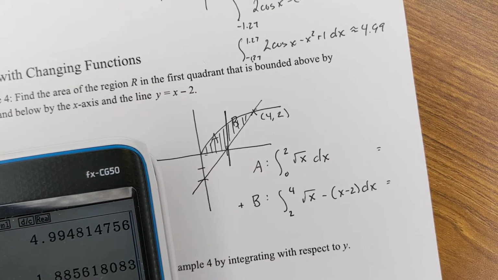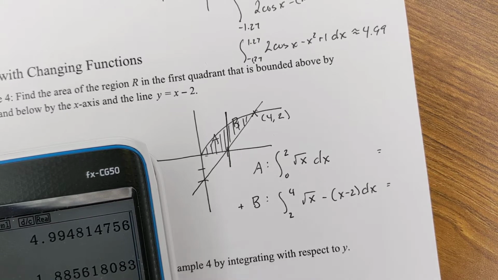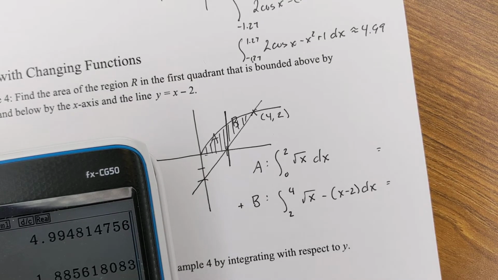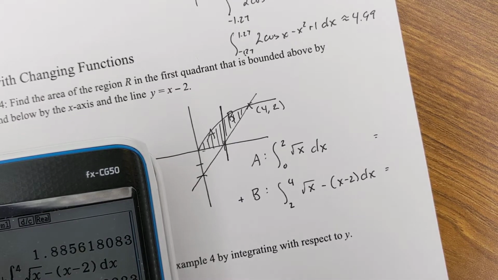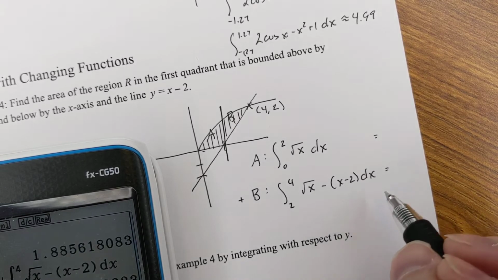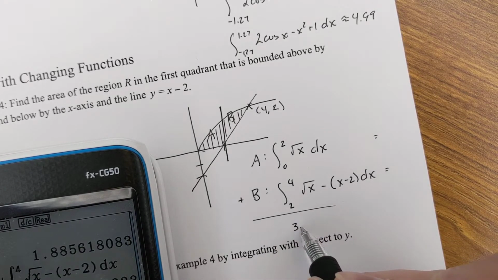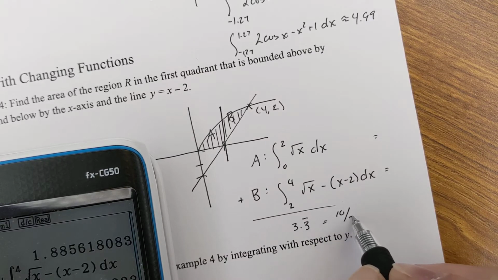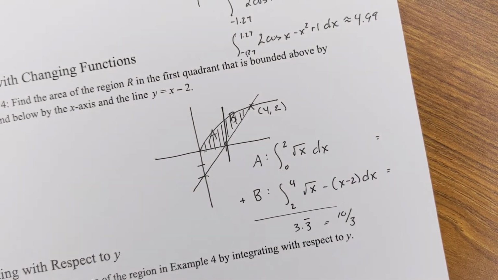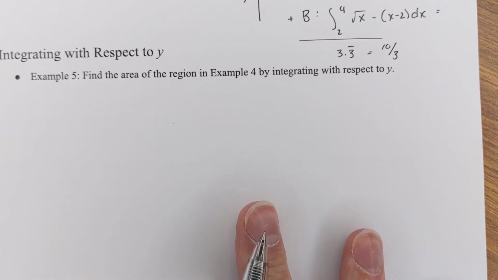Antiderivative of root x from 0 to 2 plus the integral of root x minus quantity x minus 2 from 2 to 4, which is 3.3 repeating, which is 10/3.